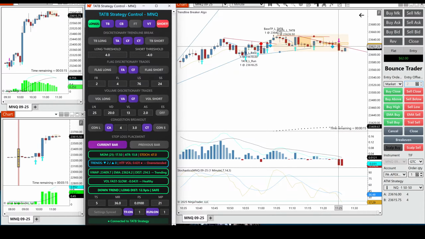The old rule for trading range is you buy low and sell high.